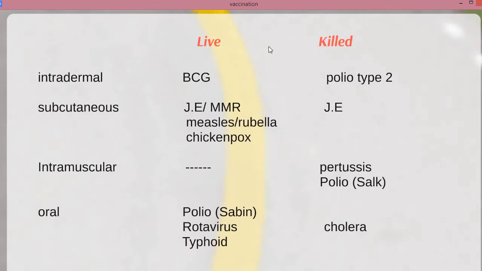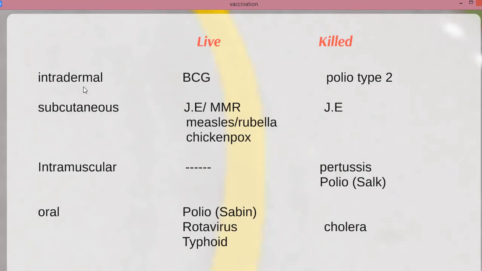Live vaccines and killed vaccines can differ according to the route by which the vaccine is administered, and these are the vaccines which we are using in Sri Lanka. So I have divided them according to the route and according to the type, whether they are live or killed vaccines.